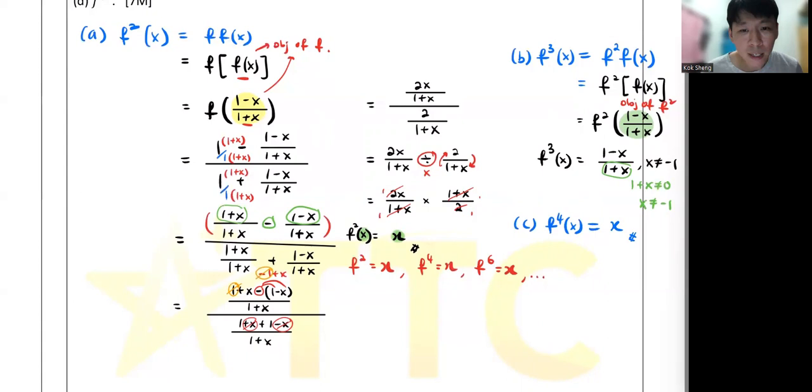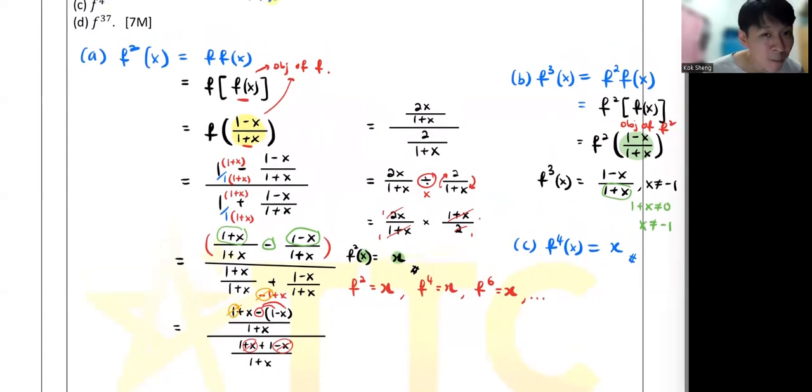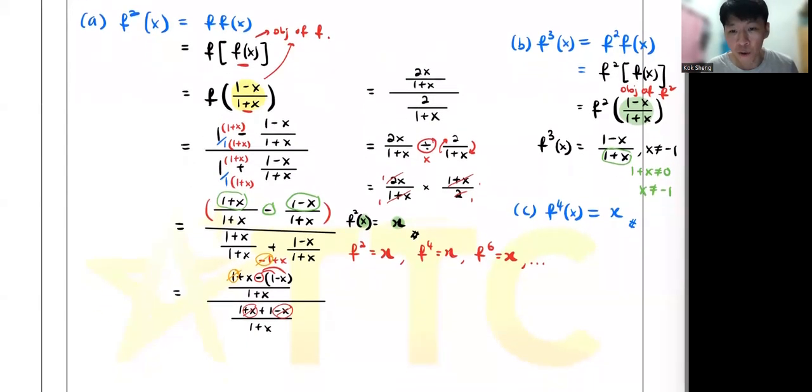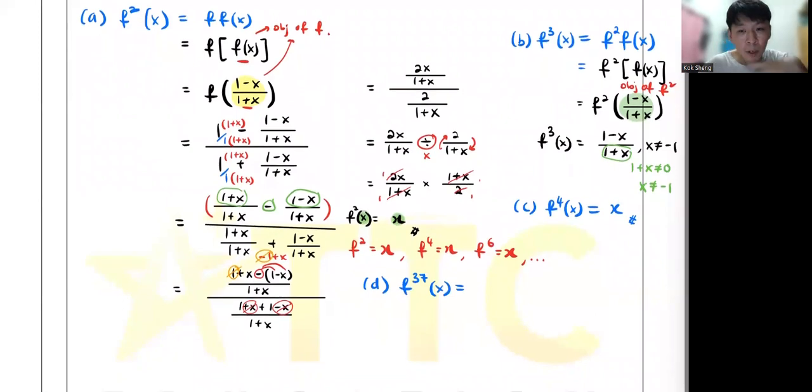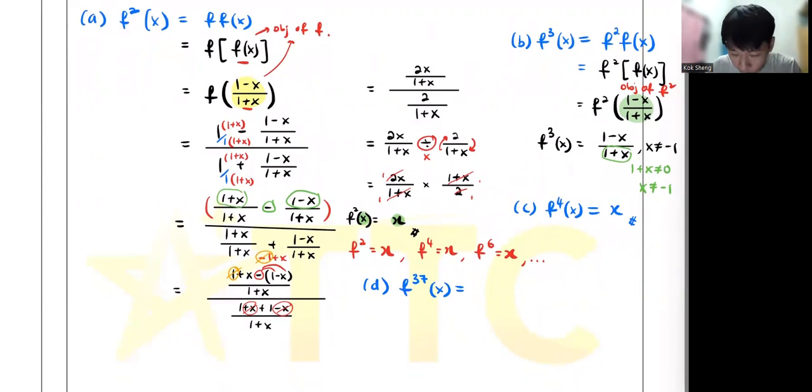Okay, B and C done. And now the last one, F37. The working I write here. We can make it this way. Since we know that multiples of 2 all give the same answer, you have this answer given to you already.